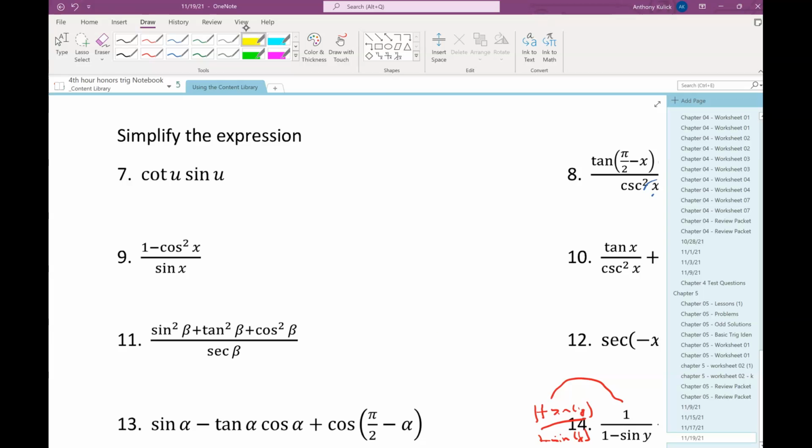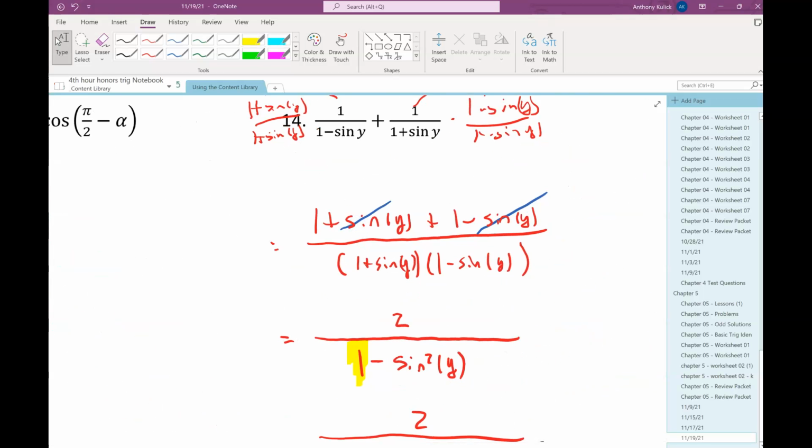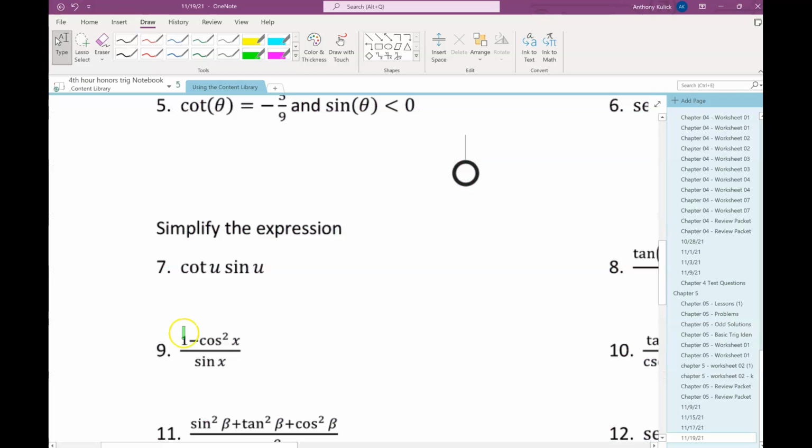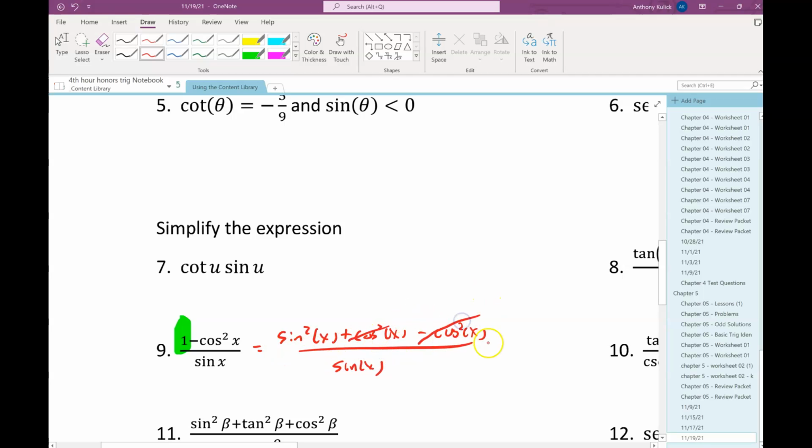I'm going to do the exact same trick I did here in number 9. So I'm just going to rewrite that as sine squared plus cosine squared. Then I still have the minus cosine squared over sine squared.